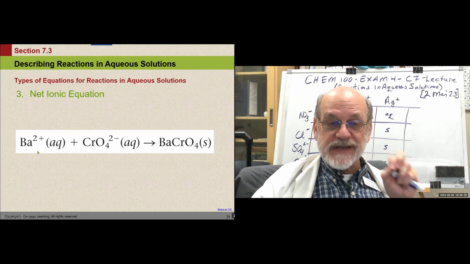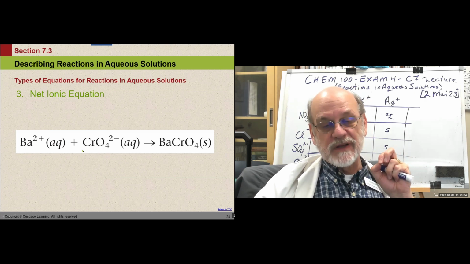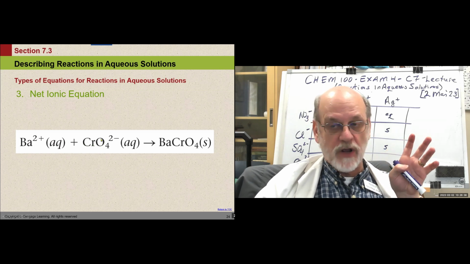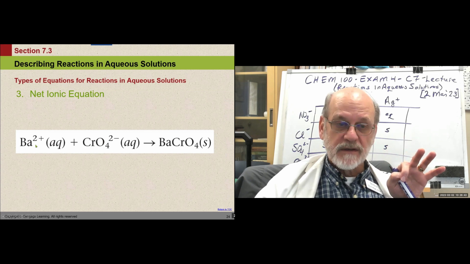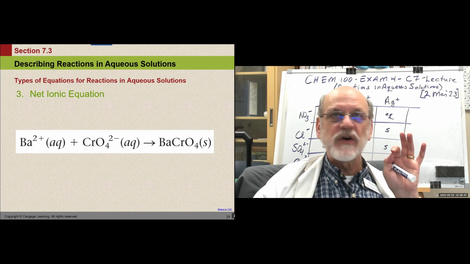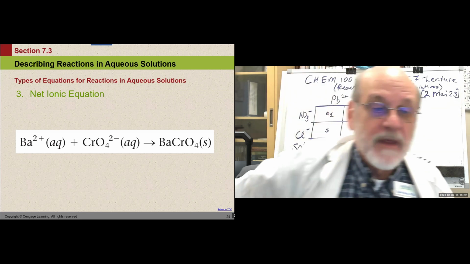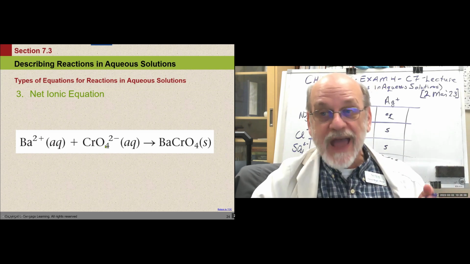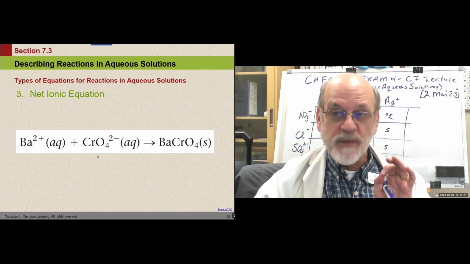Now, the value of a net ionic equation is, suppose we don't have barium nitrate on our shelf. We don't have potassium chromate on our shelf. If we have sodium chromate, if we have some other barium salt that's soluble, I can't think of a good one right now, then we can still carry out this reaction, because the only important ions are the barium and the chromate.